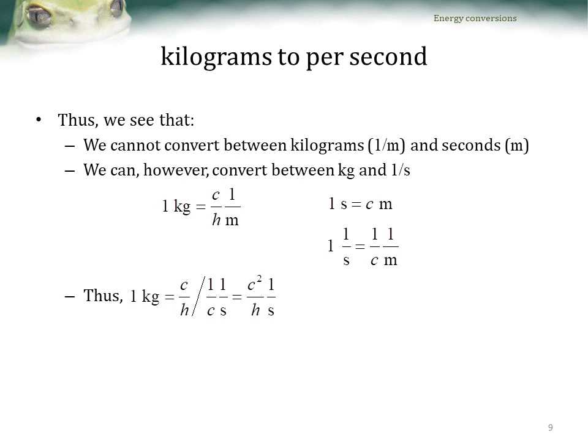Thus, 1 kilogram is equal to the ratio of C over H all over 1 over C, which is equal to C squared over H per second.